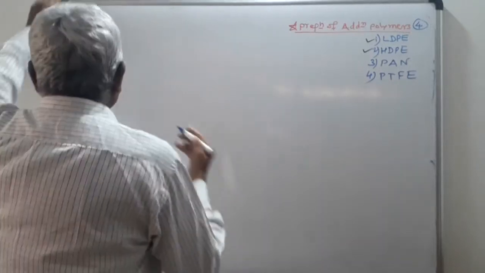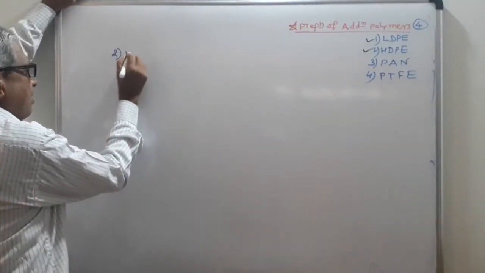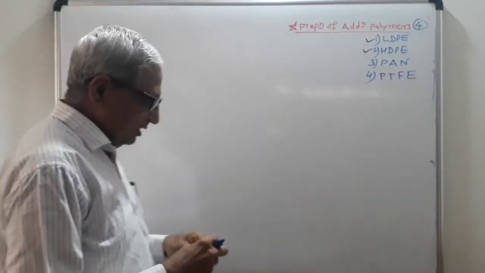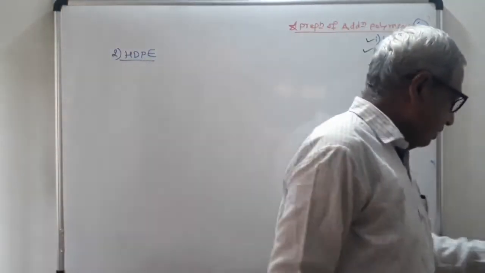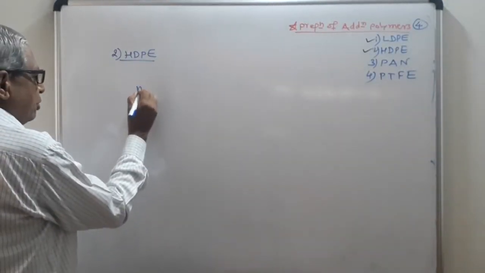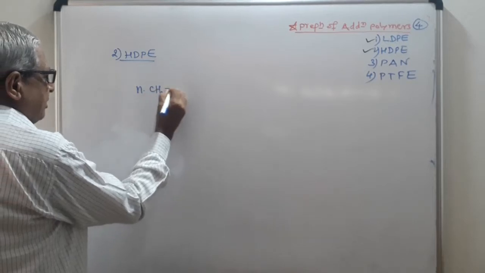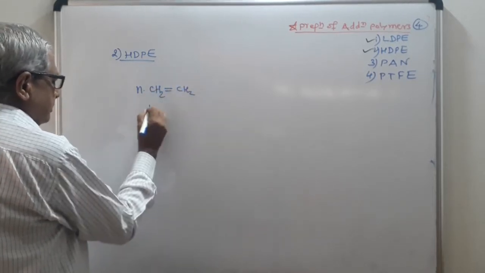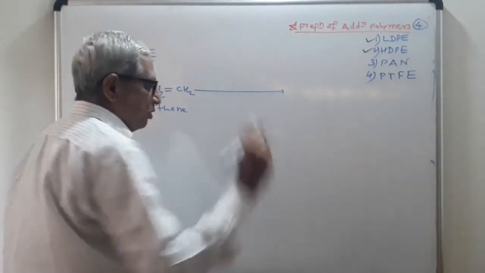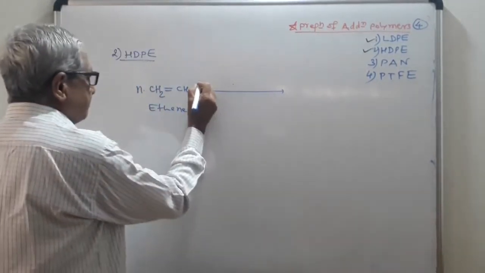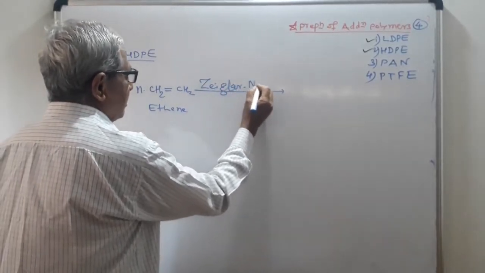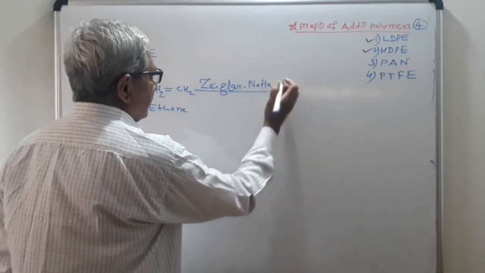Now in this case, one of the important points here, the same monomer is used, CH2=CH2. It is ethene. This question is important here. It is carried out in presence of Ziegler-Natta catalyst.